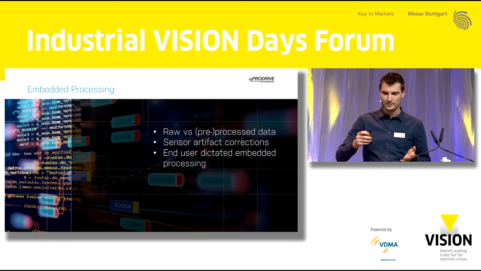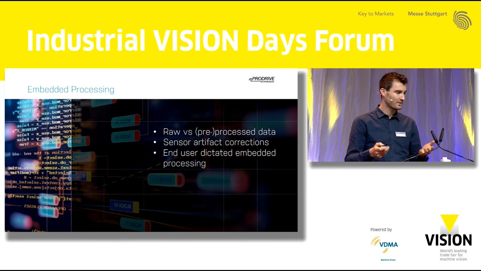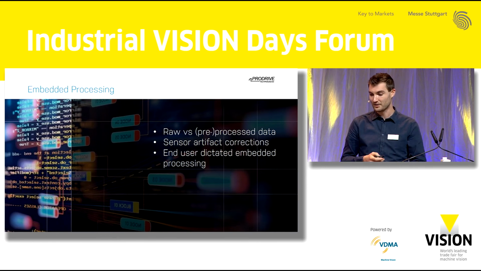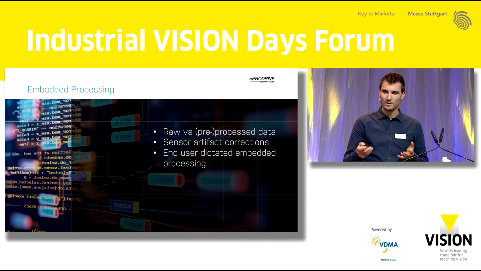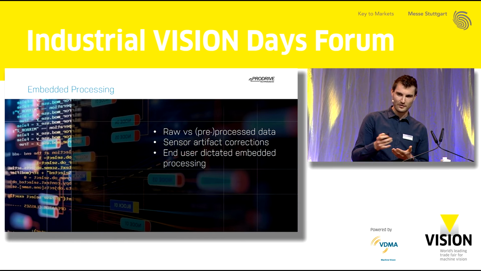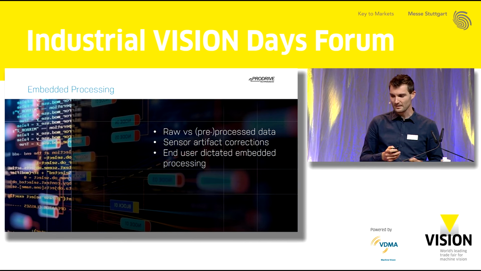So it's always the question, do you want the raw data output at full resolution, full bit depth? That's something that I explained. Then you can have that high data rate. Most often we at least do some artifact correction, so fixing the defect pixels, doing flat fielding, offset and gain correction.